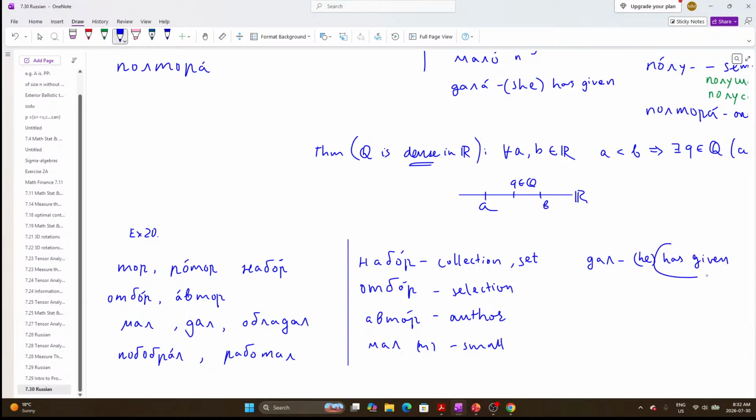From what I learned, this is called like a perfective aspect or something like that. Okay, anyway, continue. Обладал, he possessed. Masculine singular past tense. He possessed. All right.